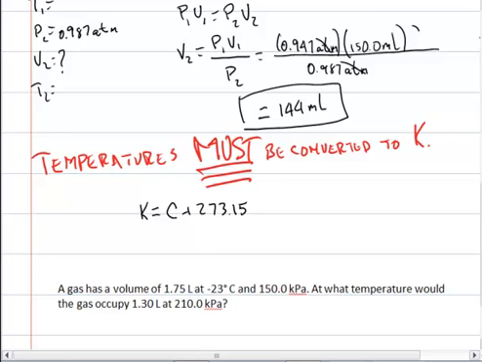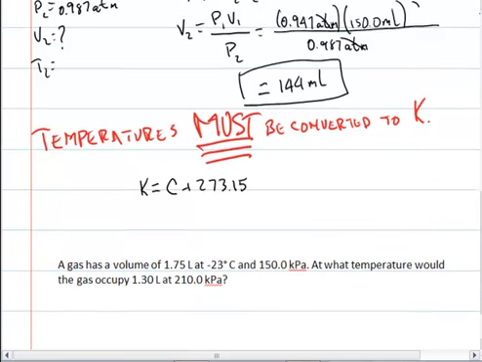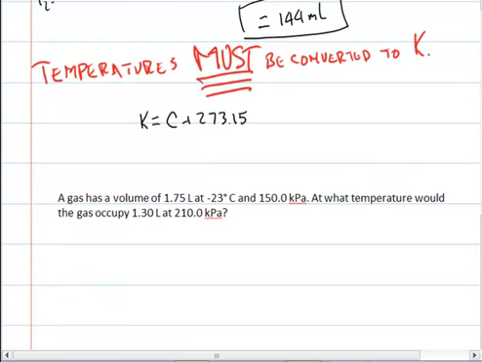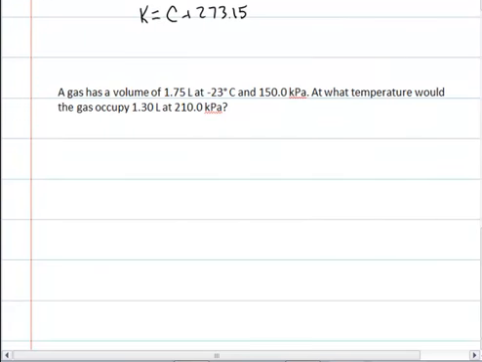Alright, so let's take a look at this problem. It says a gas has a volume of 1.75 liters at minus 23 degrees Celsius and 150 kilopascals. At what temperature would the gas occupy 1.30 liters at 210 kilopascals? Alright, well, let's first of all list all of our quantities down the side of the page here, and I'll make a little more room here for myself.